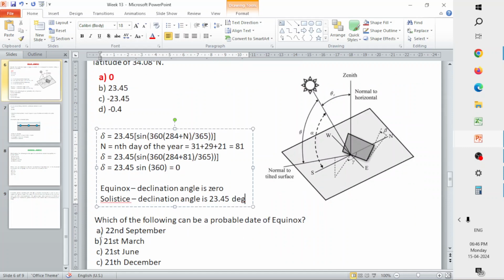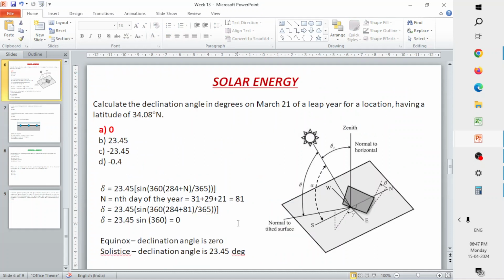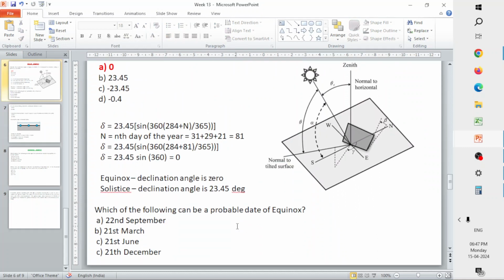That is our next question. Now we know that if the declination angle is 0, it is called the equinox, and if the declination angle is 23.45 degrees, it is called a solstice. This equinox will happen on 2 days in a calendar year, and this solstice will happen on 2 different days in the calendar year.